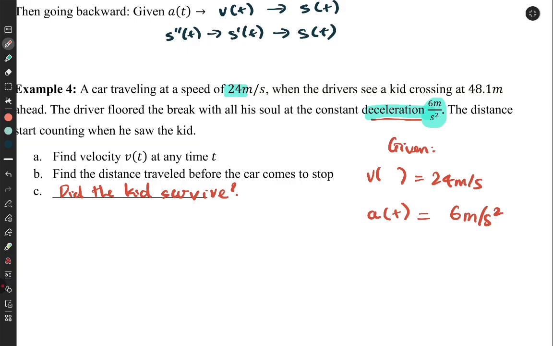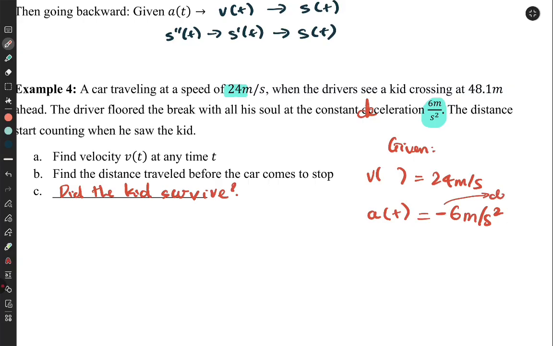Any physics in here? Any engineers? Point out my mistake. Yes, deceleration, not acceleration. You are slowing down.